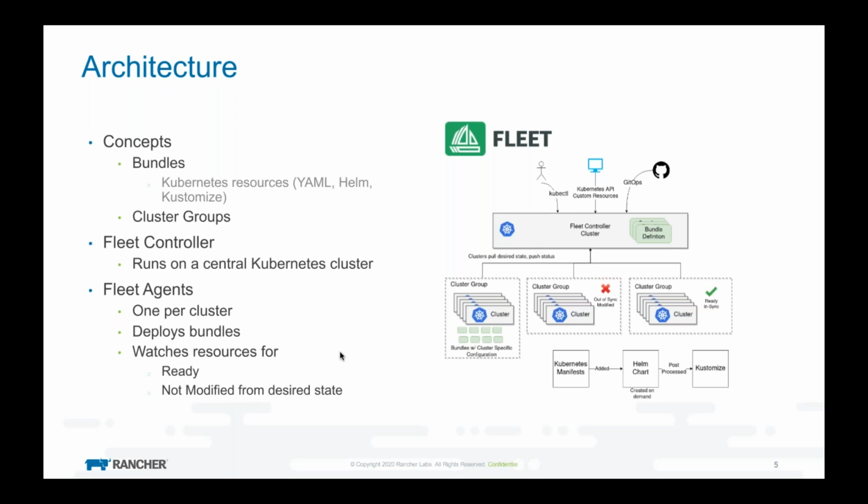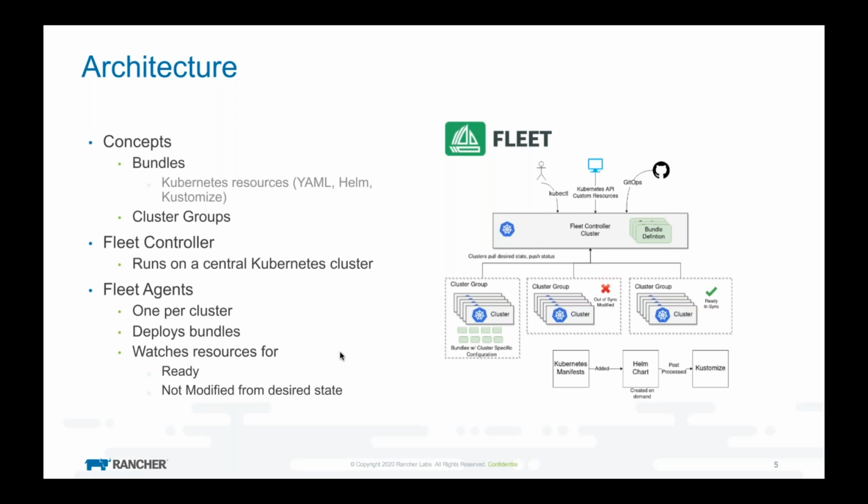The authentication mechanism for the clusters, how the agents authenticate and communicate back in, is through managed service accounts. We do all that automatically, which has the benefit that Fleet will run on any Kubernetes cluster. It has no specific tie-in to anything Rancher. It's not tied to RKE or anything. This is just standard Kubernetes.